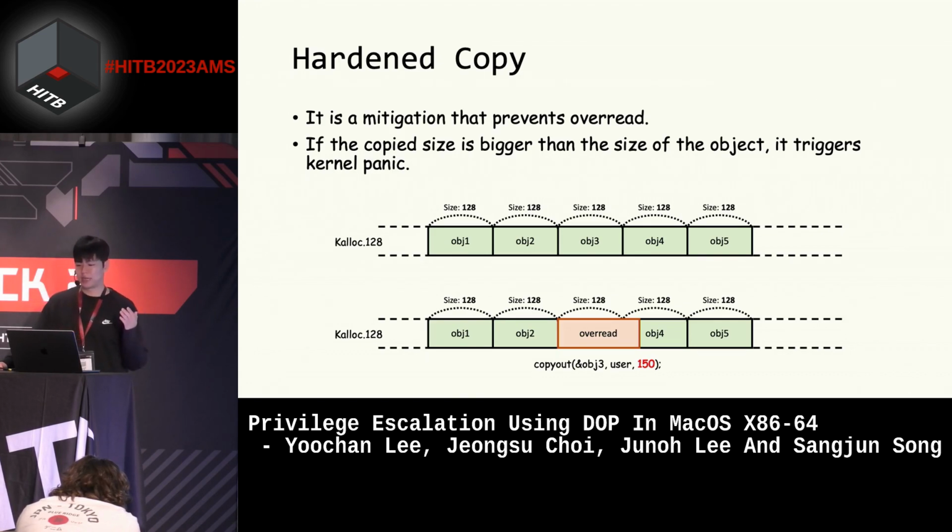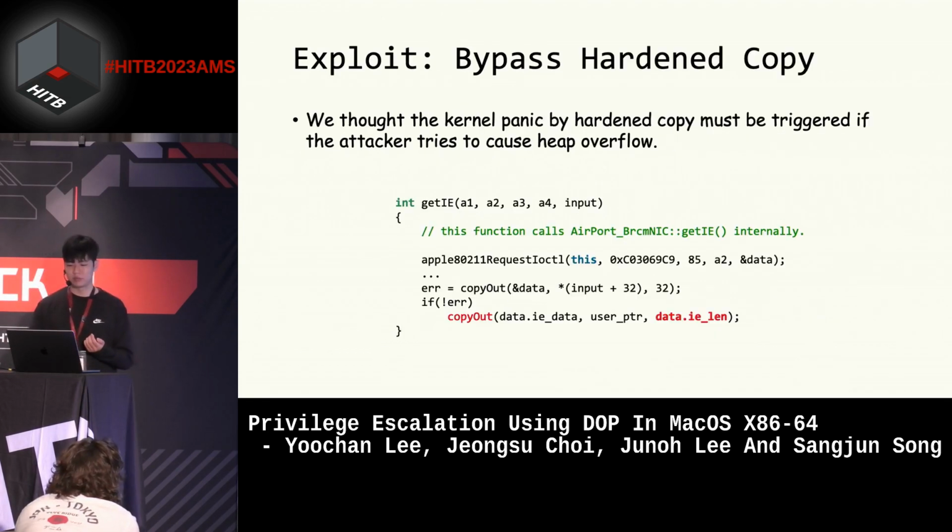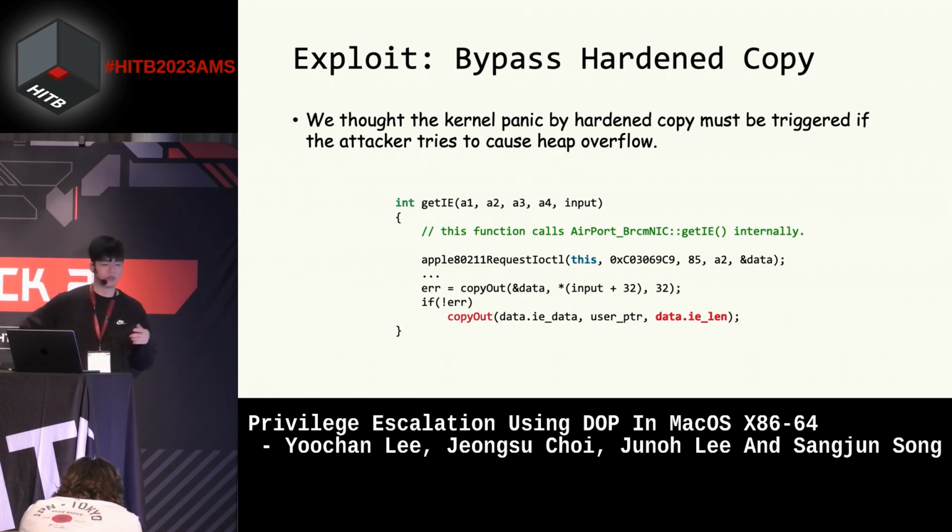If the copied size is bigger than the size of the object, it triggers a kernel panic. At first glance, we thought this mitigation made it impossible to exploit. This is because the length element must be larger than the size of the object in order to cause an overflow.